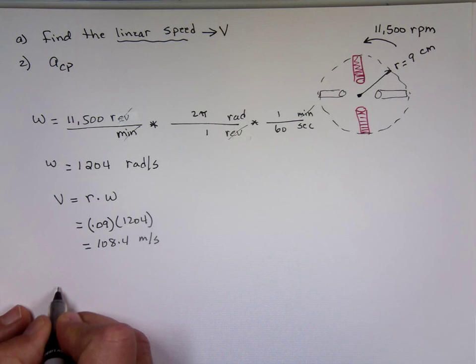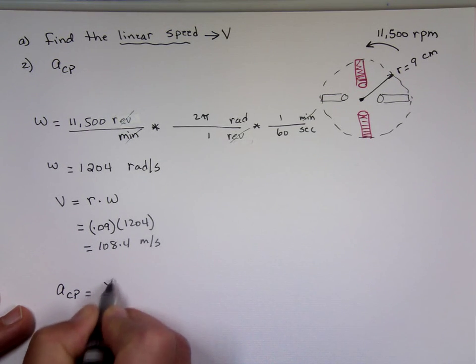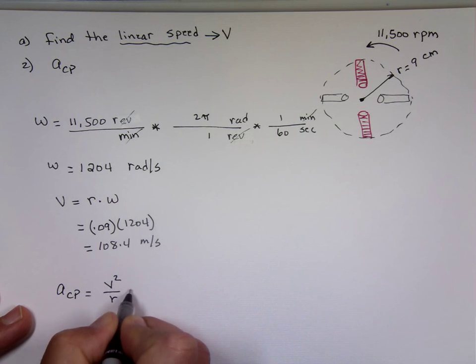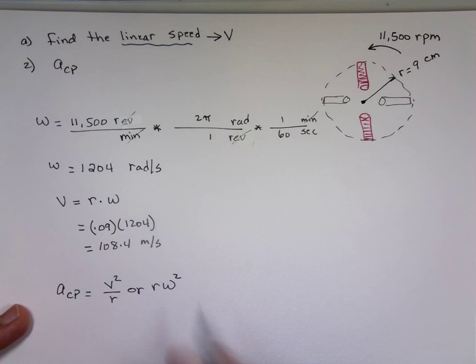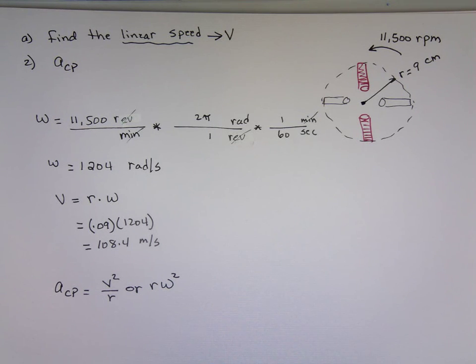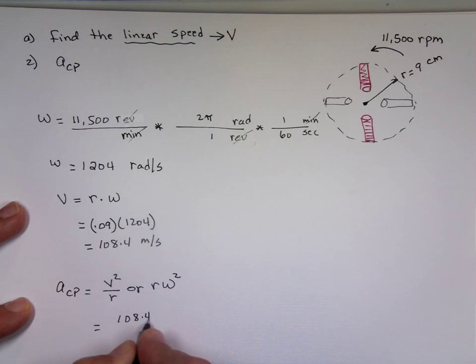What's the centrifugal acceleration? I can either use V squared over R, or I can use R W squared. Either one. Since I have both, either equation. I'll do it both ways just to show you the answer is the same. V is 108.4. Square it, divided by R, which is 0.09.